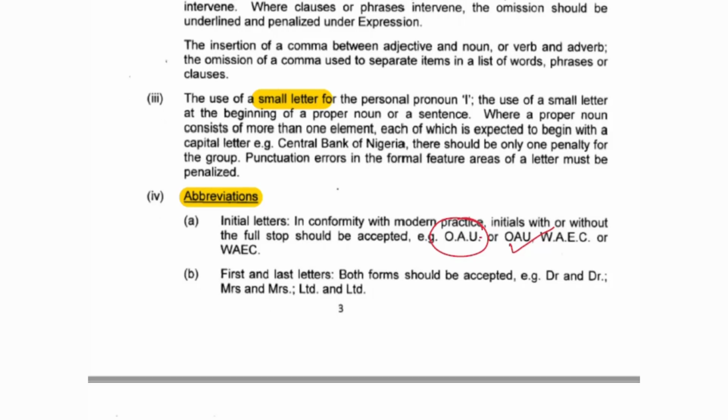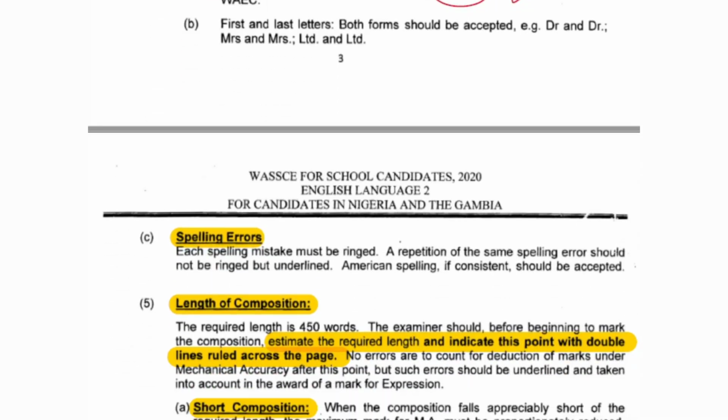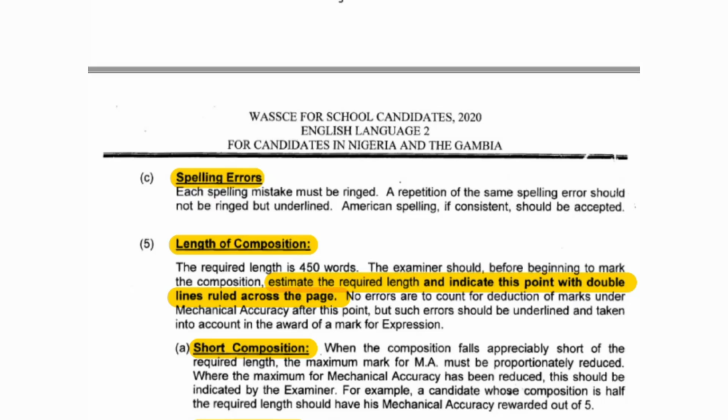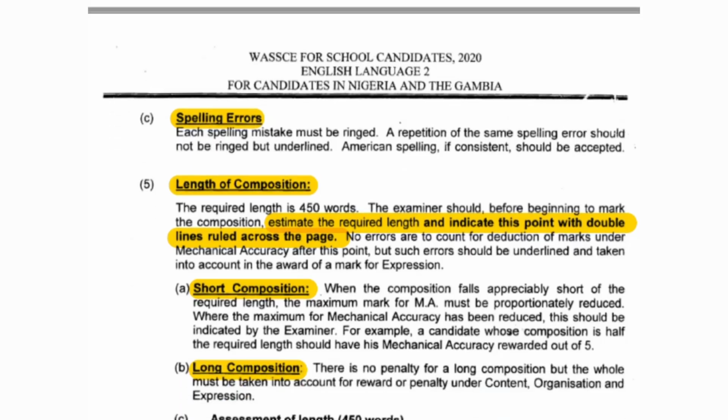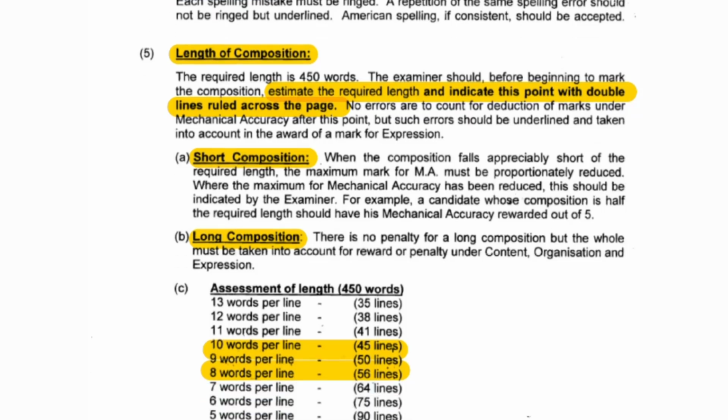So you have the leverage to just ensure that you stick to only one of them. If you are having some spelling errors, definitely WAEC are saying that you are also going to lose some marks.